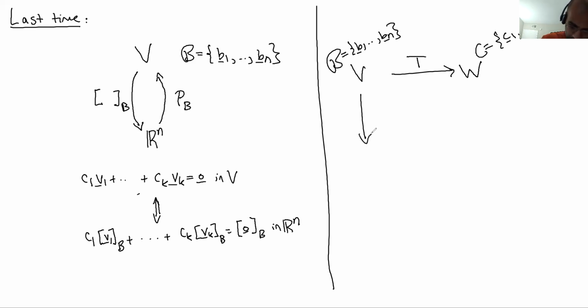Then you can look at both of these coordinate mappings, which are both isomorphisms, and you get isomorphisms with these spaces Rn and Rm.